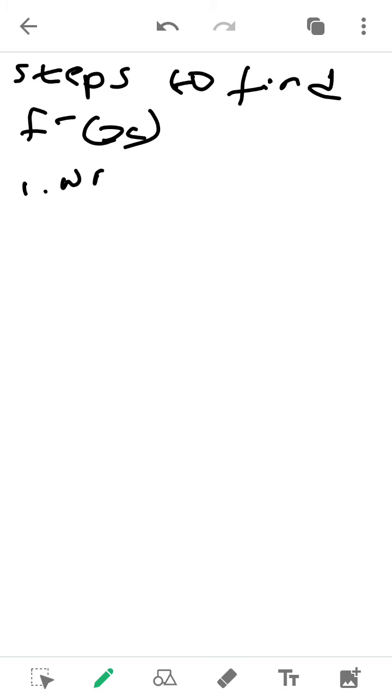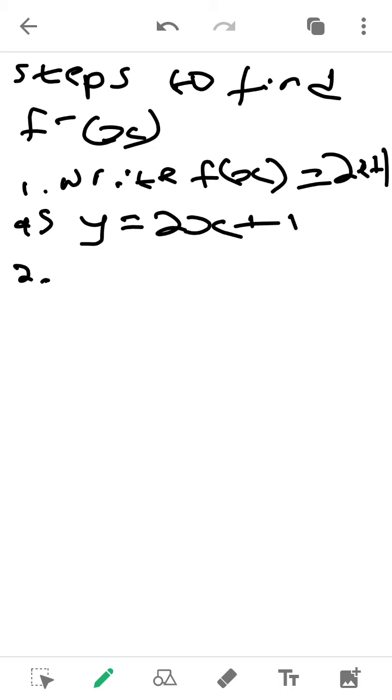And then step number 2, to get the inverse, you reflect the graph in the line y equals x. Remember the definition of an inverse is a reflection in the line y equals x. So wherever there is x, you substitute by y.